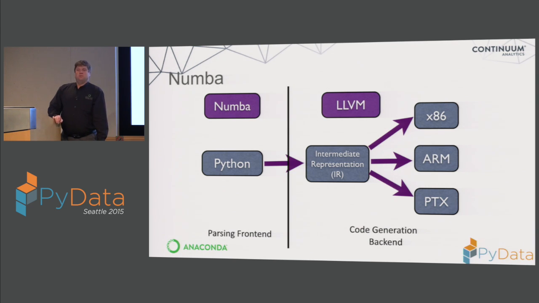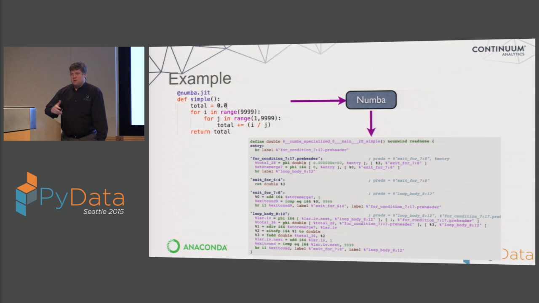Here's a very simple example, not something you would really do in practice, but you could decorate a simple function written in Python. This one just goes over a bunch of integers and calculates ratios. You could do that in Python with a for loop, but you typically wouldn't, since it'd be rather slow. With the JIT, it translates that to low-level machine code and gets very, very fast results.